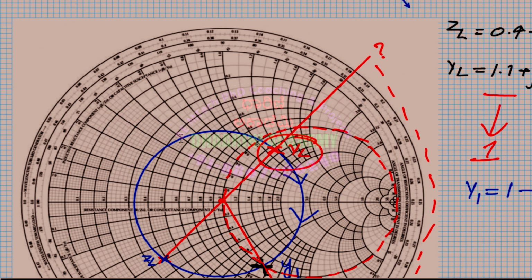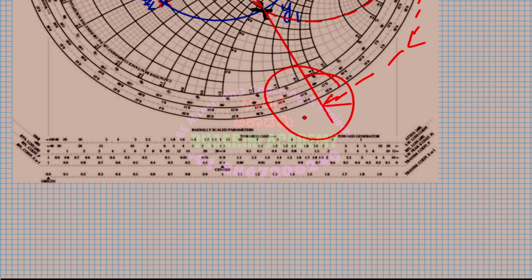So you're saying that this value which we are measuring here is 0.184 lambda, correct? Okay, similarly measure this value, what you are getting over here.